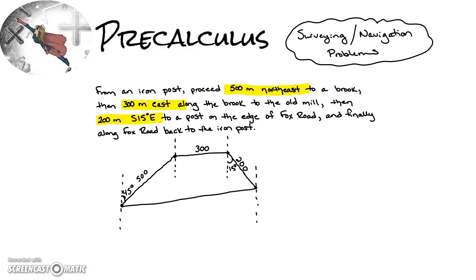So one thing we need is triangles. I'm going to choose to draw an extra line from here to here. And I'm going to try to find the area of this triangle first.